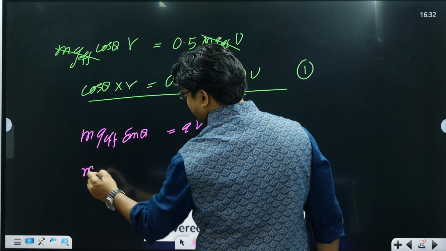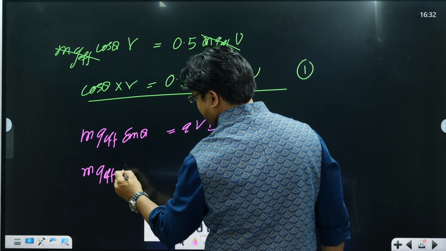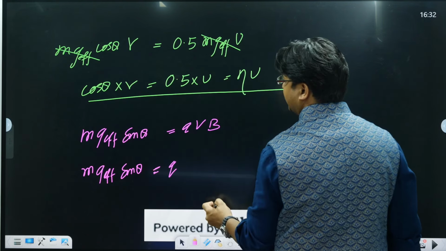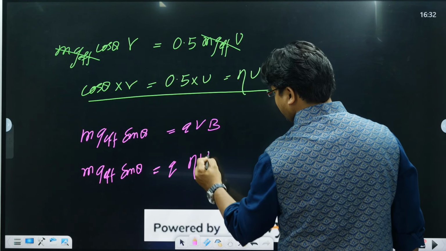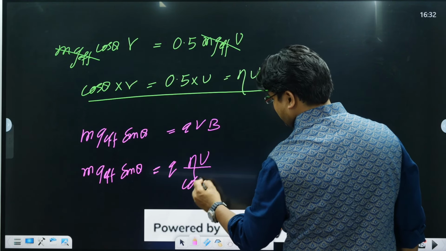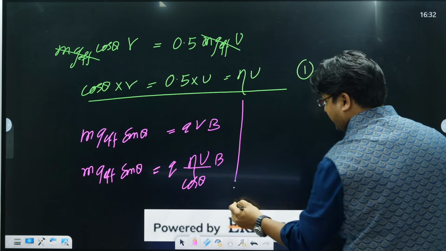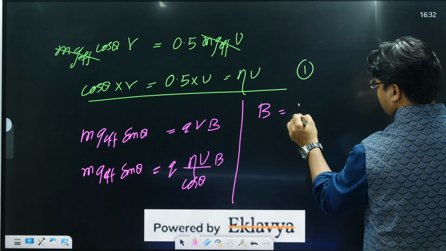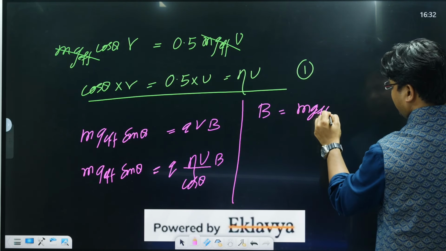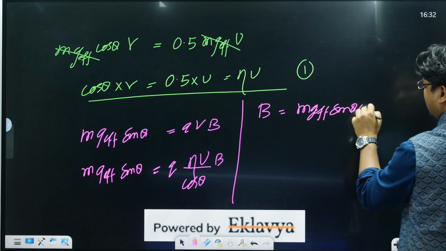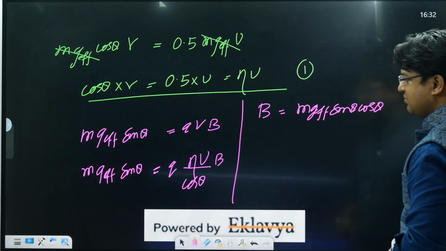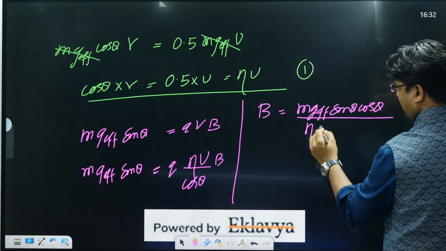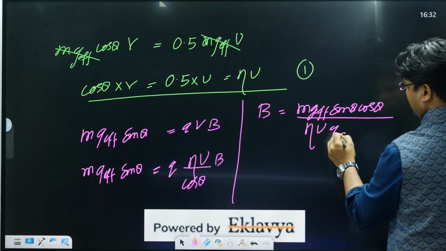We get mg effective sine theta equals Q into V, where V is eta u by cos theta, into B. From here we will obtain B as mg effective sine theta cos theta by eta u q.